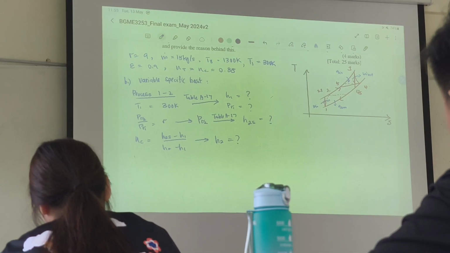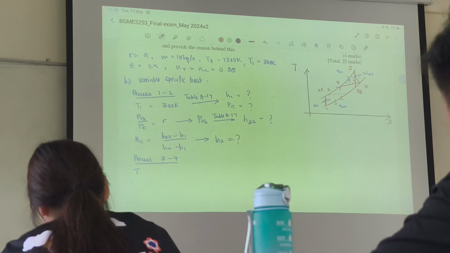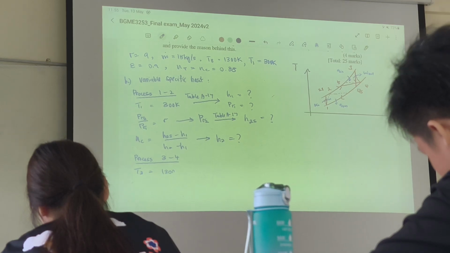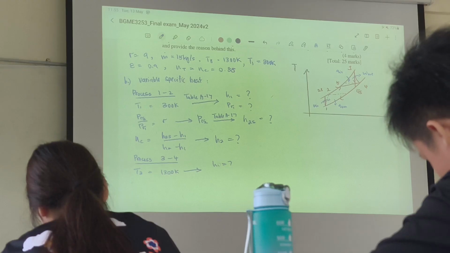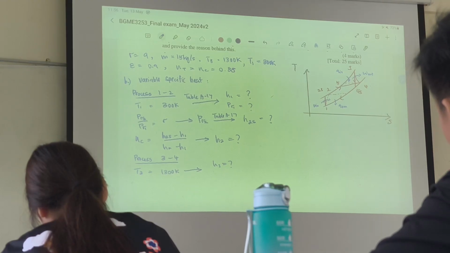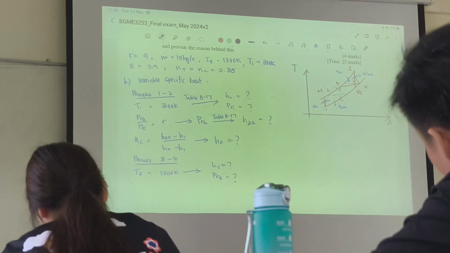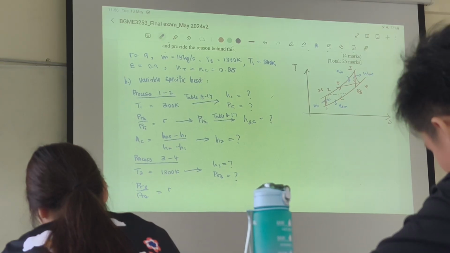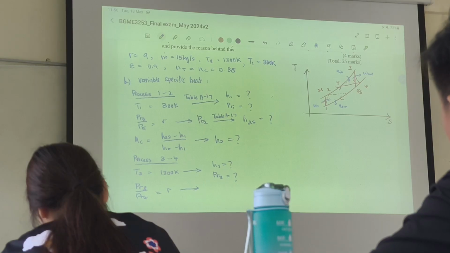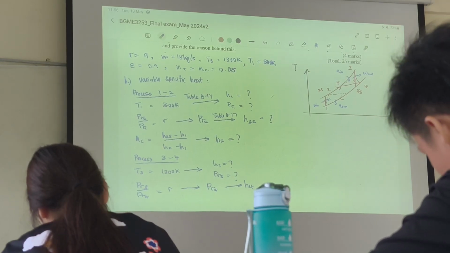Then for process 3 to 4, you repeat the same thing. We know T3 is 1300 Kelvin, so you find H3 and PR3. Then PR3 over PR4 is R, so you get PR4, and then you get H4S.